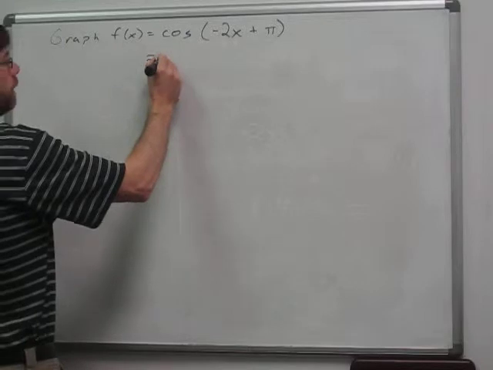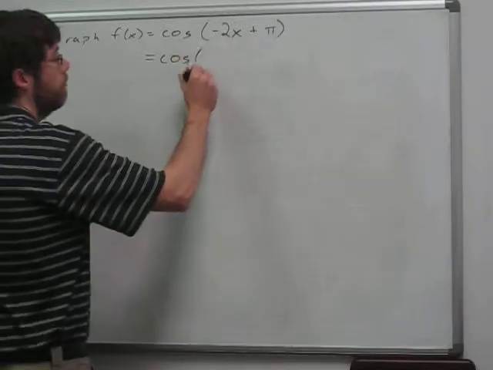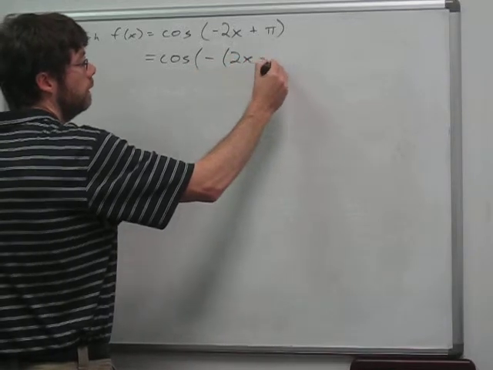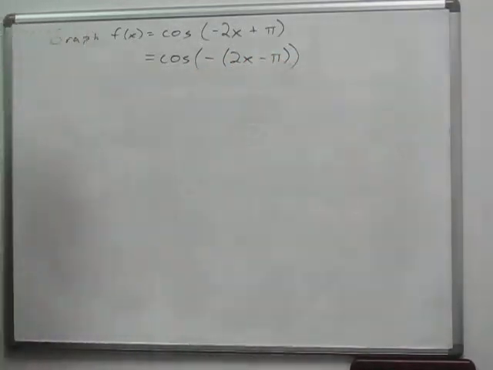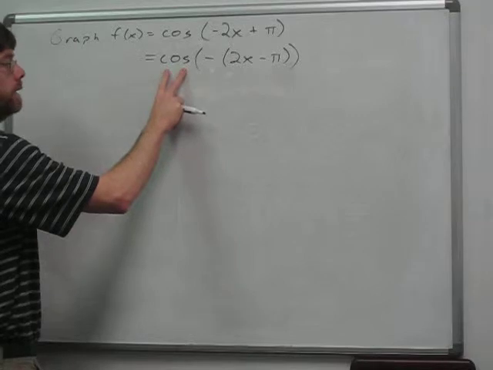So the first step here is going to be to manipulate our argument a little bit to get a positive coefficient on x. So the first thing I'm going to do is factor out a negative 1 inside our argument. And recall from earlier videos that cosine is an even function.